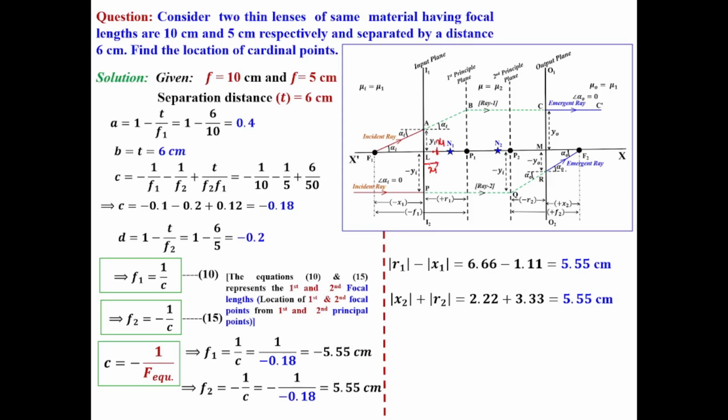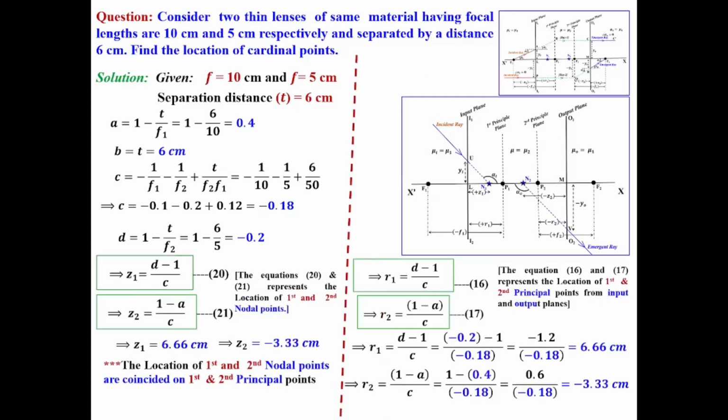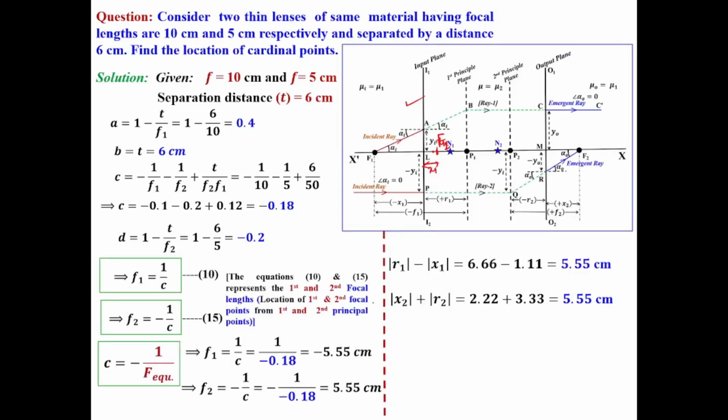This length is your x1, and this point is your f1, according to this question. And R1 we found positive. That means from the input plane we have to move, this R1 is positive, here is 6.66.